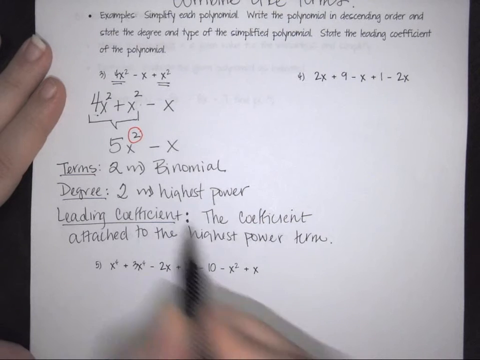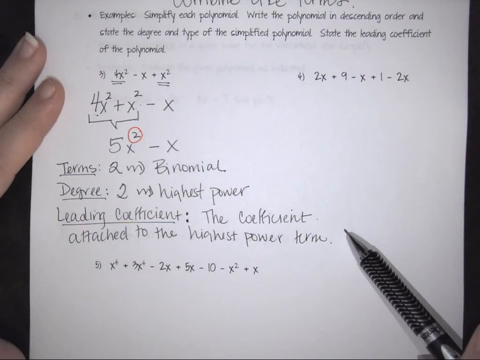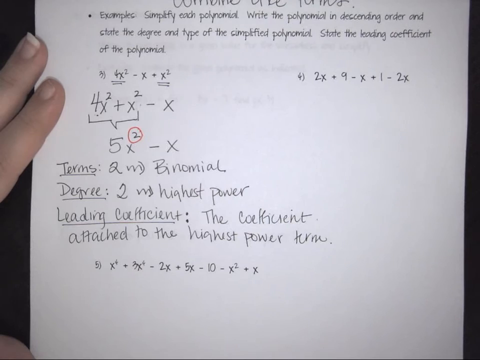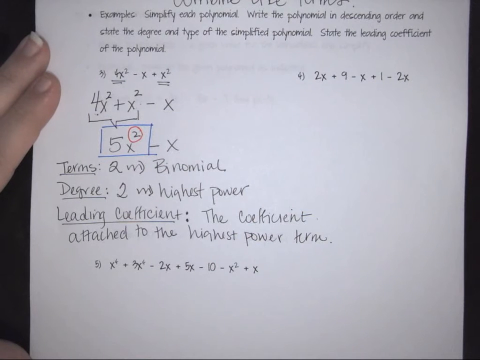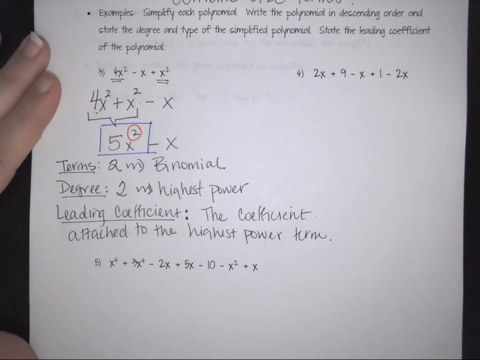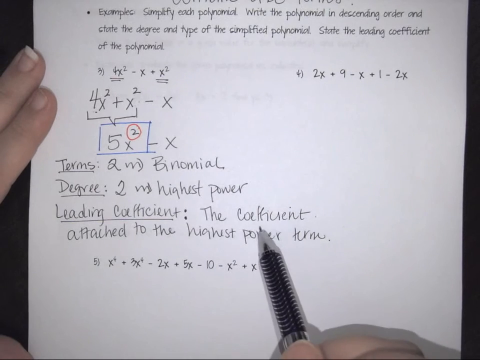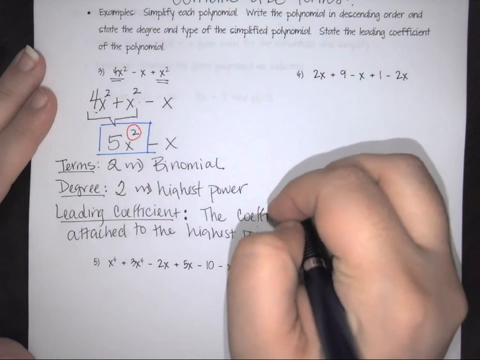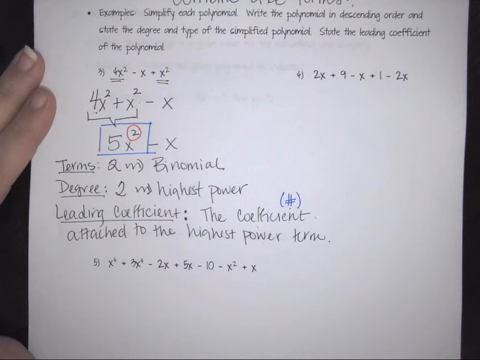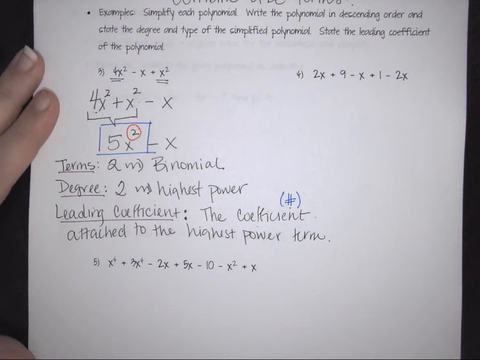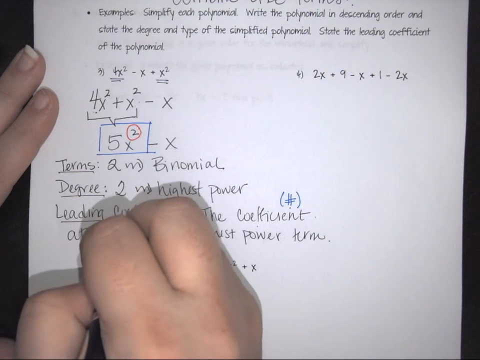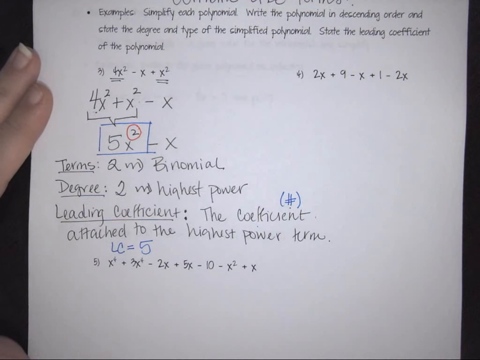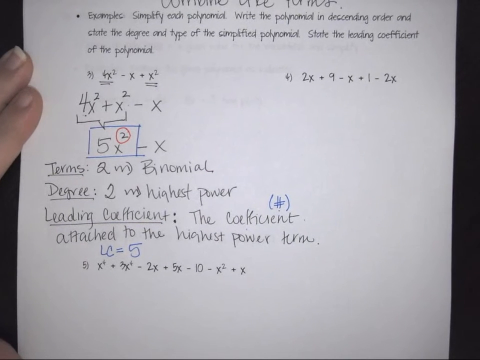So my leading coefficient is my coefficient attached to the highest power term. So my highest power term is going to be this first term, which is why it's called leading coefficient. And I want to know what the coefficient is. So coefficient, again, remember we are talking about the number that is attached to the highest power term. So here my leading coefficient, so my LC or leading coefficient is going to be 5. Okay, so that is how we identify our terms.